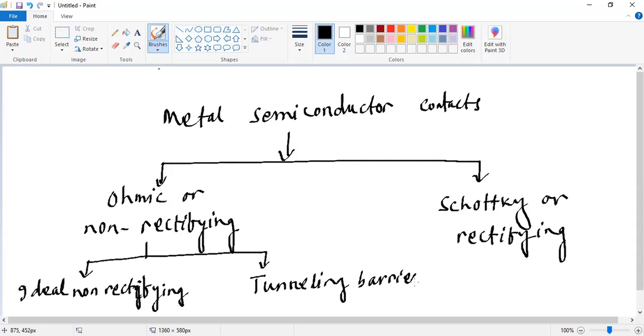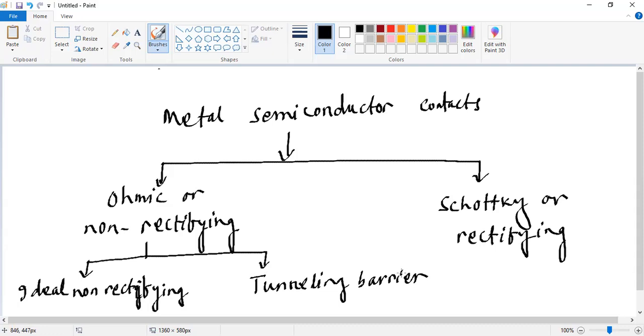So this metal semiconductor contact can be understood this way. First we said ohmic or non-rectifying, and the other one is rectifying. Further, ohmic or non-rectifying can be classified into ideal non-rectifying and tunneling. Let us try to understand more about this ohmic contact.